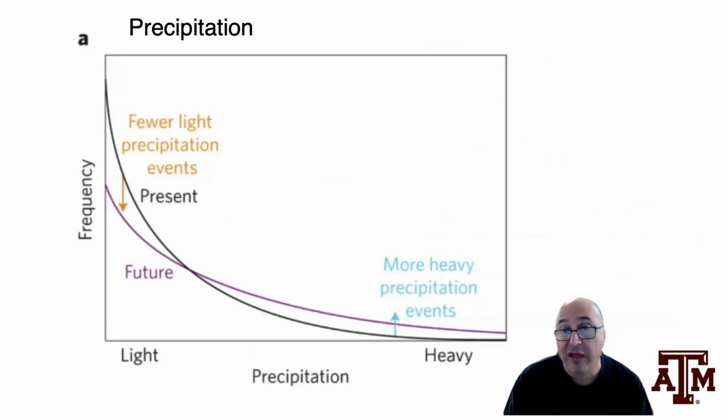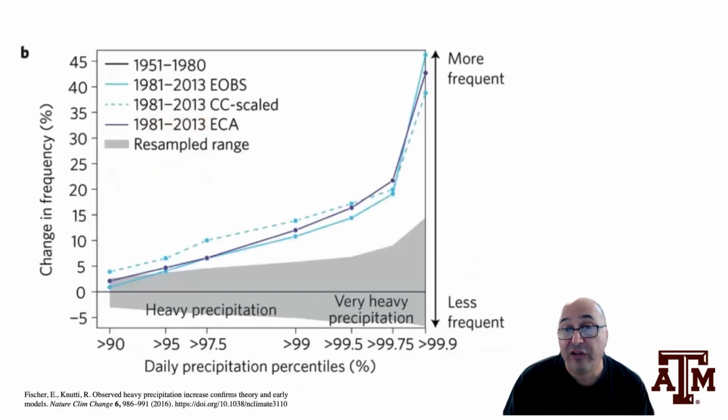Now, one of the most important and long-standing predictions of climate models is that heavy rain is going to get more frequent and light rain will get less frequent. So heavy events like Hurricane Harvey, et cetera, are going to happen more often. We can actually look at observations to see this.